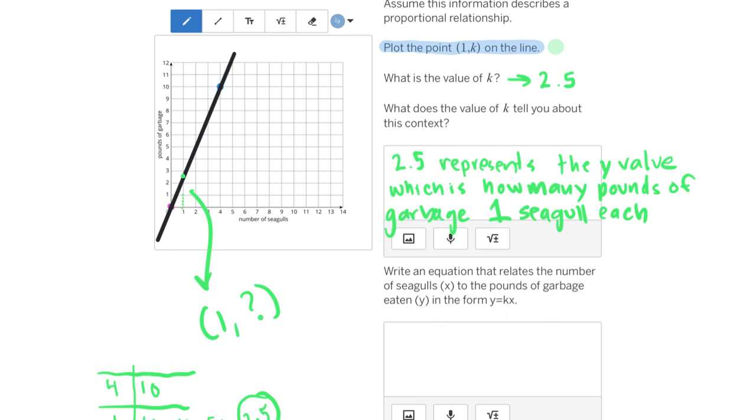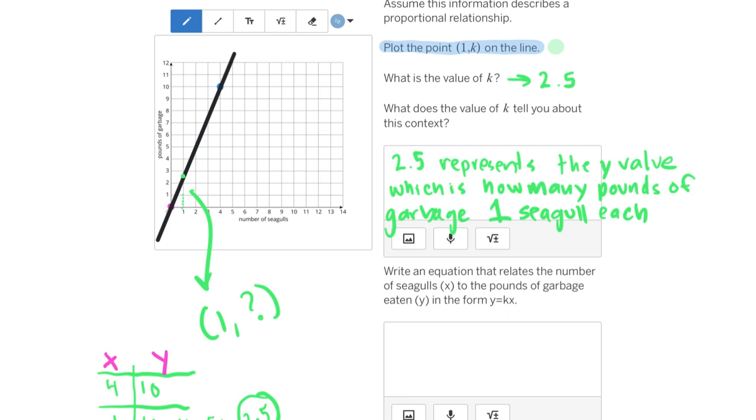The reason that is really good to know is because then we know our unit rate, and we can write an equation with that unit rate. So when it asks, write an equation that relates the number of seagulls, which is our x, to our pounds of garbage, which is y, well, we already know our unit rate.